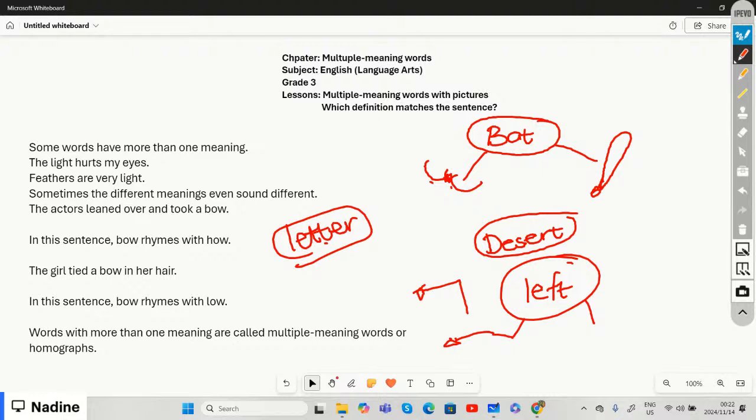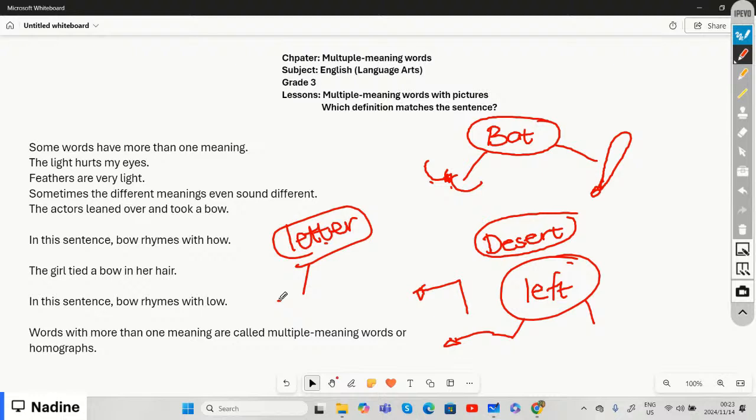Now, letter. What do you think are two meanings of the word letter?